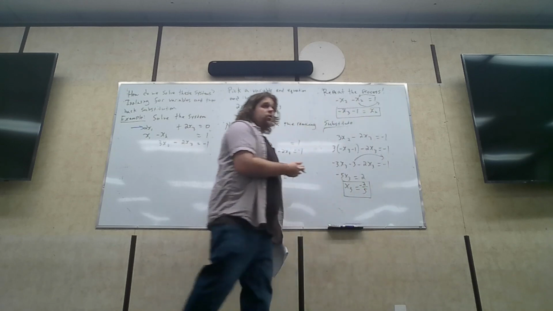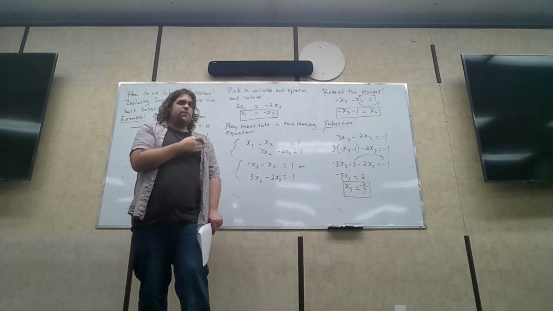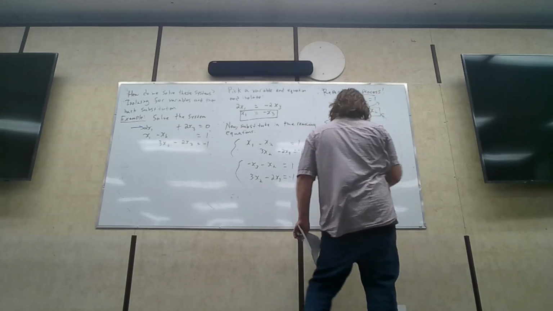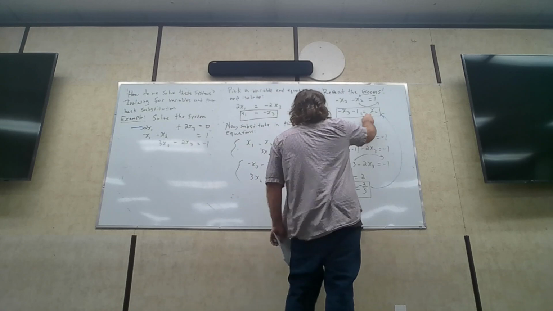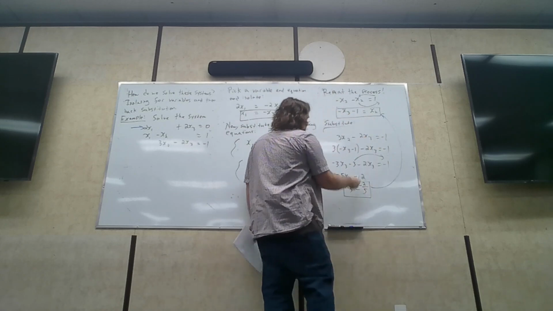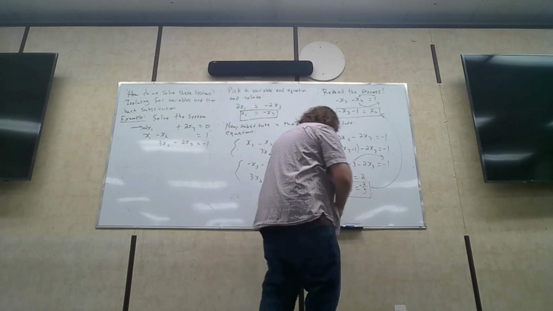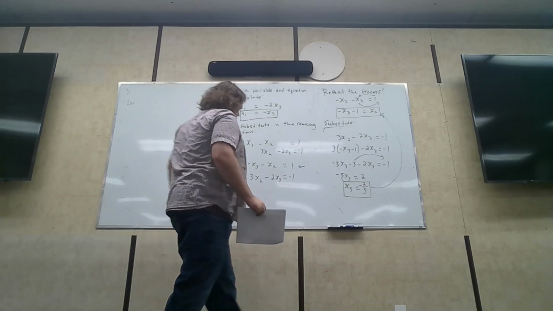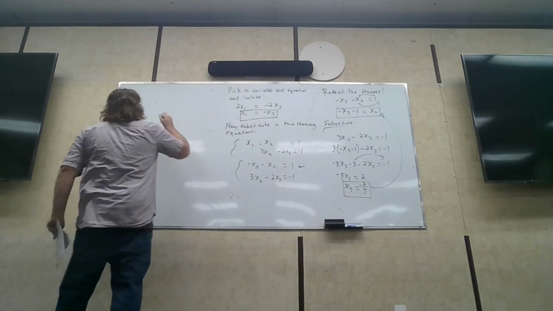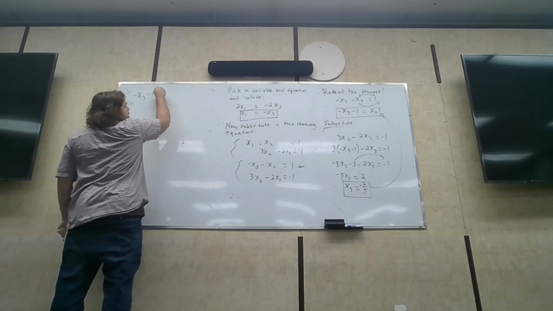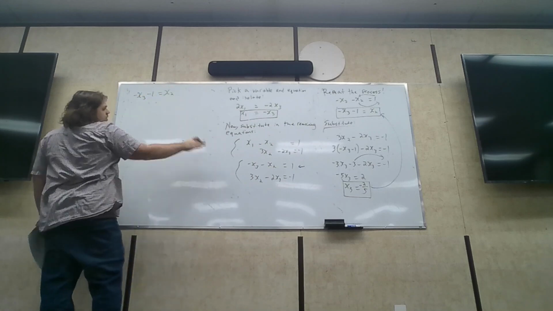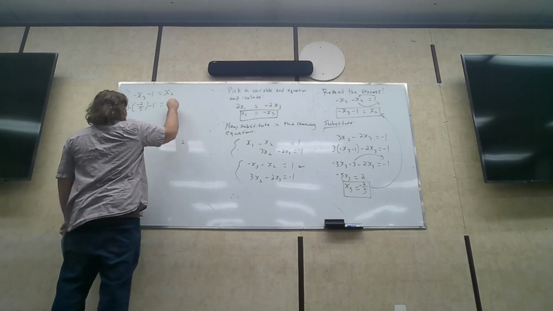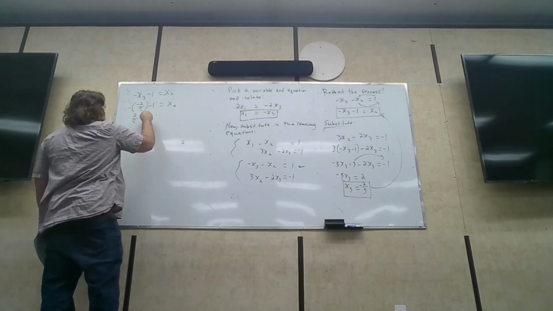Hey, that's a fraction, but look, we just found a number, right? We know x3 has to be this. But now we sort of work our way back up, now that we've just found a number, because, hey, if we know what x3 is, we can get x2. So minus x3 minus 1 is equal to x2. That tells us that, plug that number in, 2 over 5 minus 1.